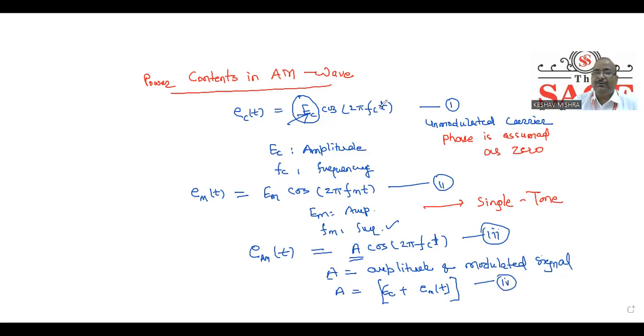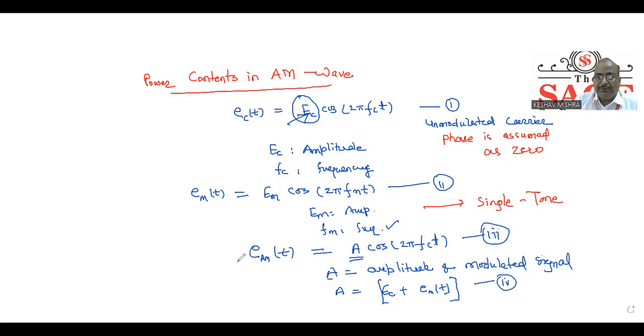Once again, I repeat: the waveform in equation 1 is the unmodulated carrier signal with amplitude Ec, frequency fc, and phase considered as 0. Another signal is the modulating signal, or information containing signal, with amplitude Em and frequency fm. Only a single frequency is present here, so this is a single tone modulating signal.